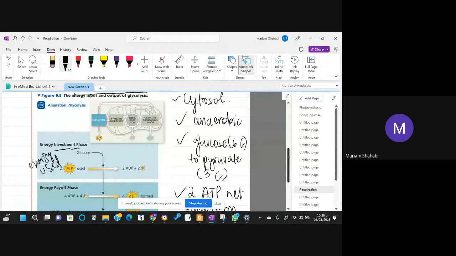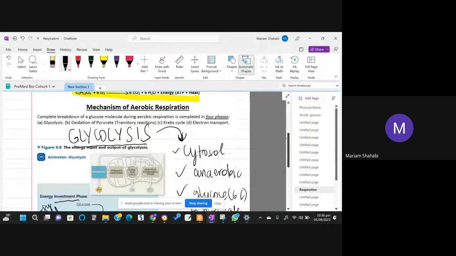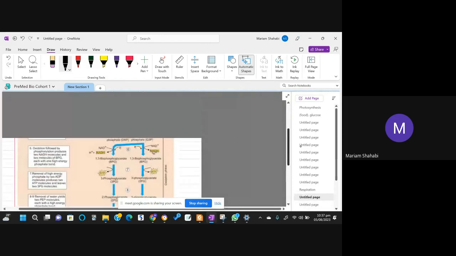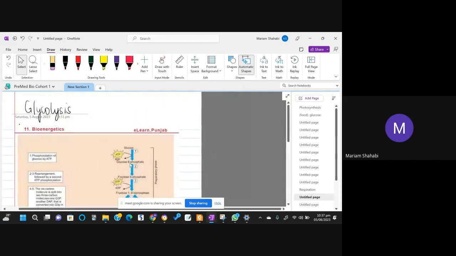It is a 10-step pathway, there are like 10 steps in total. And then there's an energy payoff phase. Here we will see that ATP is finally formed. And then there's the net conversion. So these are the steps.